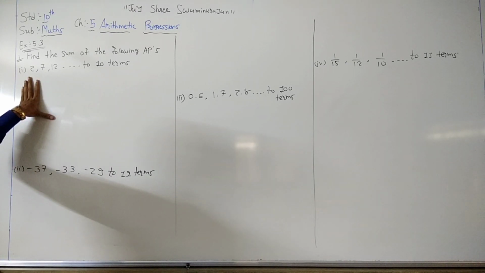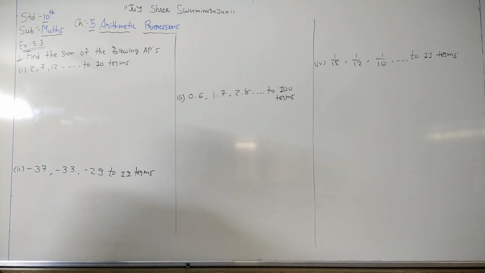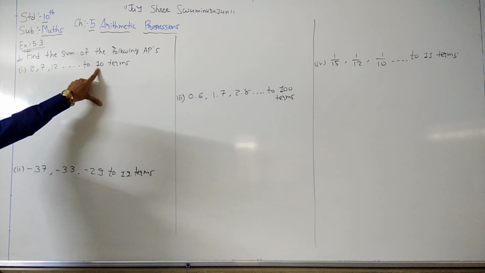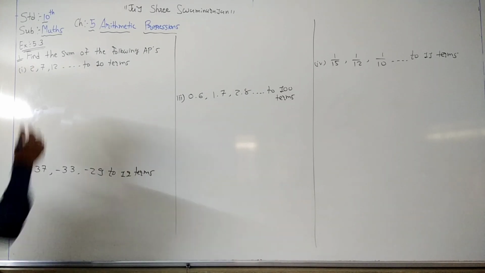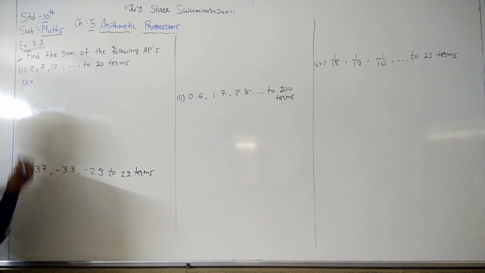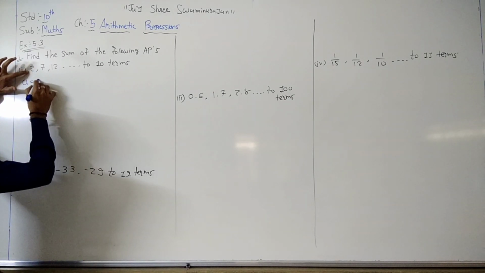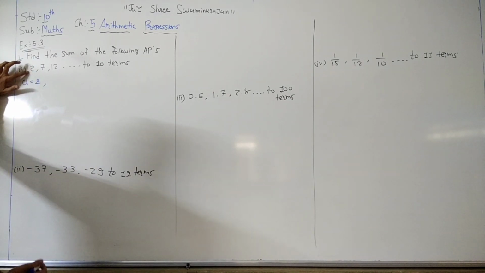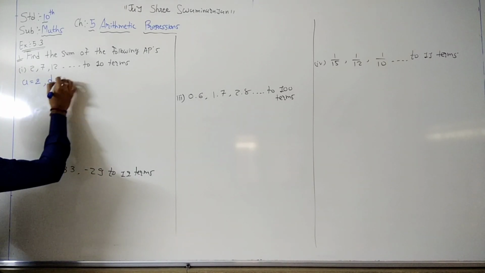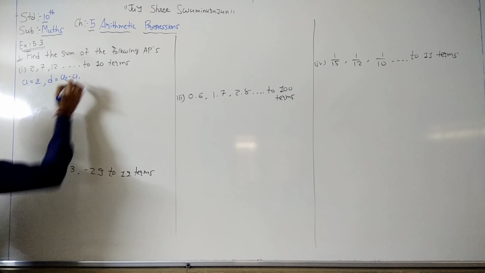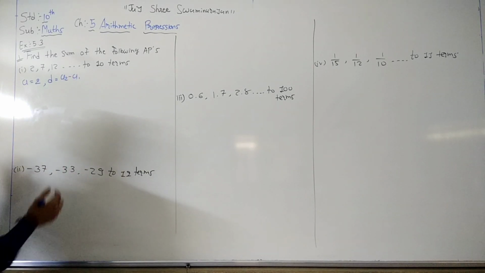Here 2, 7, 12 up to 10 terms. That means we need to find the addition of the first 10 terms. First of all, we want the value of a, the first term. Here our first term is 2. Then we want the common difference d, second term minus first term.